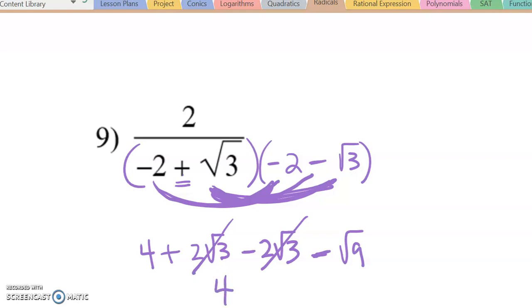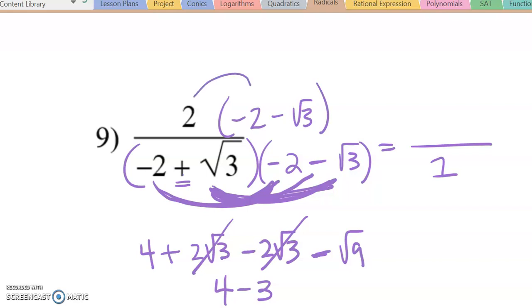Cancel, and we should realize that the square root of 9 is 3. Of course, it's very similar. 4 minus 3 is 1. It does not always come out to 1, believe me. It just happens to be. So negative 3 minus root 3 goes on the top. Negative, positive, negative 4, and value times radical, negative 2 root 3.